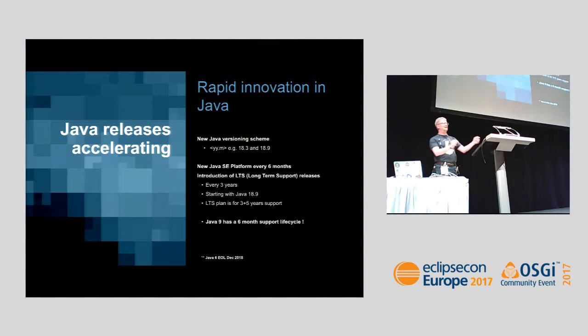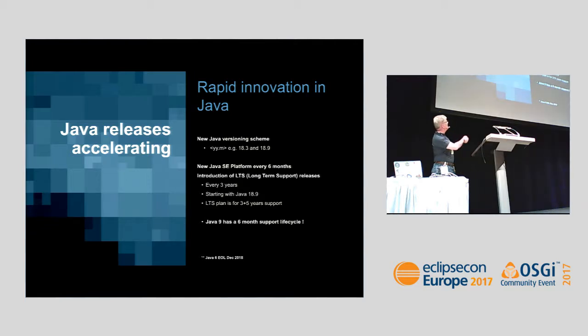Okay, so taking a little bit of a detour, this is some information that I just want to make sure that everybody is aware of. I've heard it at a couple of sessions this week. I was at JavaOne, and it's a big story there, but I just want to make sure that everybody is aware of this. So Java 9 is the last release that will follow that naming convention.